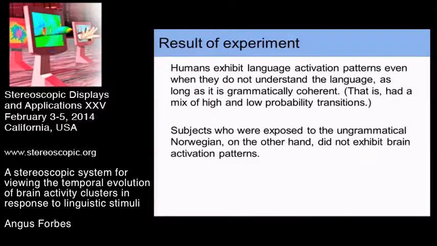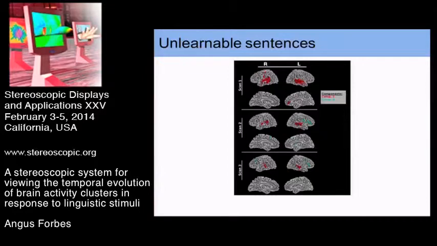But subjects who were exposed to the ungrammatical Norwegian, on the other hand, did not exhibit any interesting brain activation patterns. And these are not computationally generated. These are drawn by hand by one of the researchers in her lab. So this is the unlearnable sentences. They applied some statistical analyses to see particular brain activity.